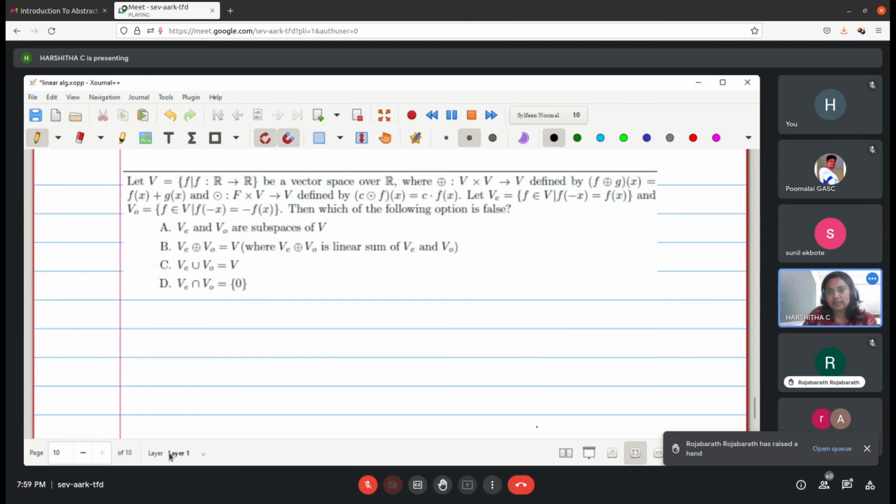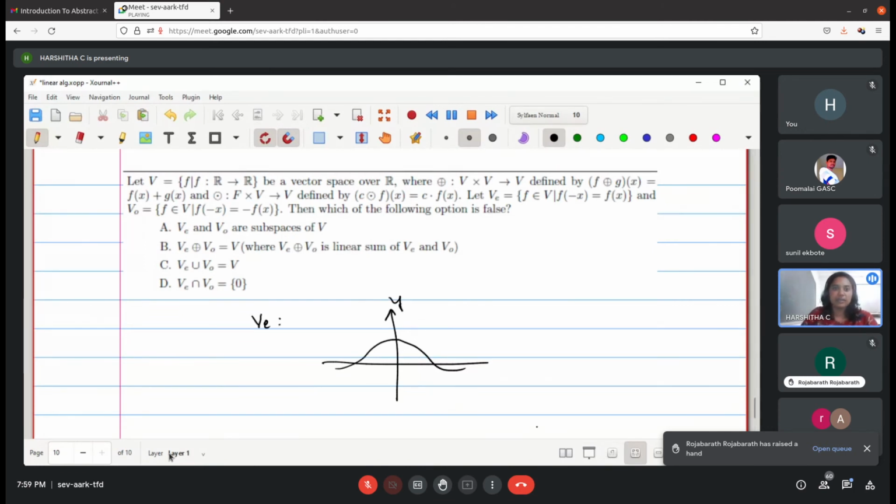VE is all even functions. It is the set of all f such that f of minus x is equal to f of x. If you draw the graph of it, it is symmetric about the y-axis.